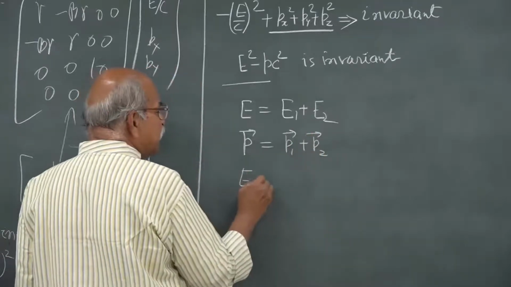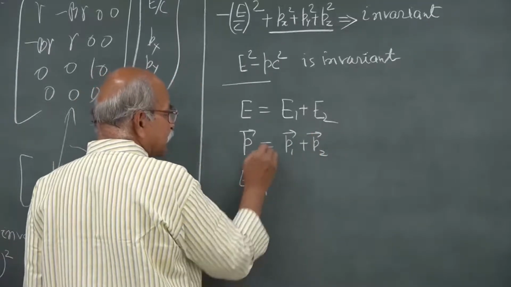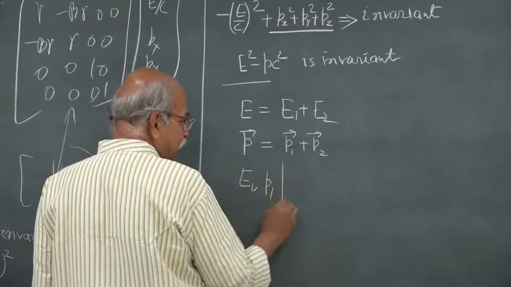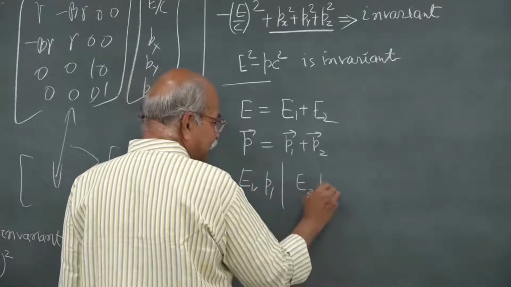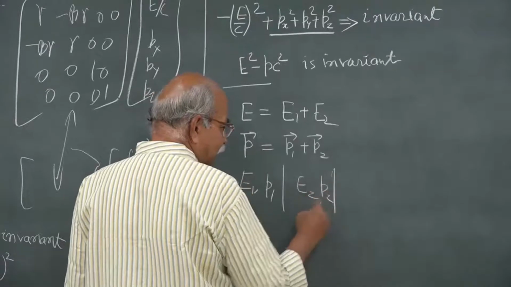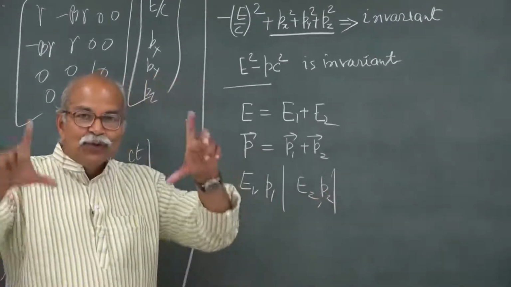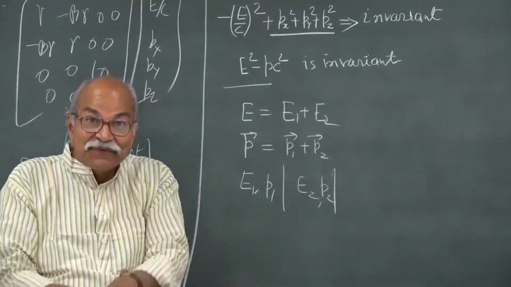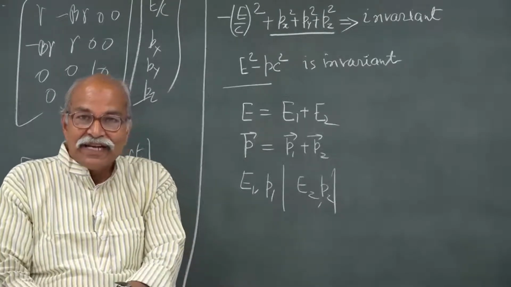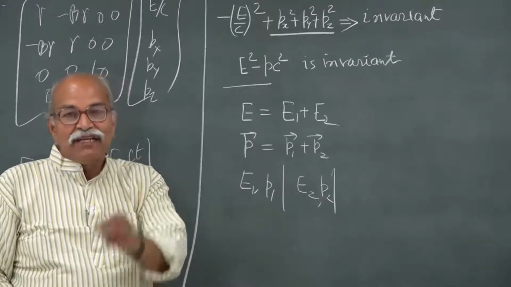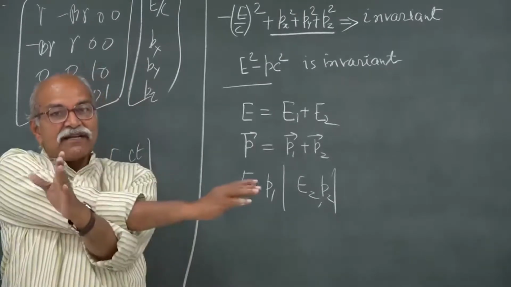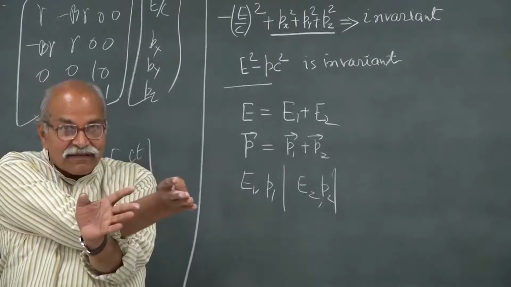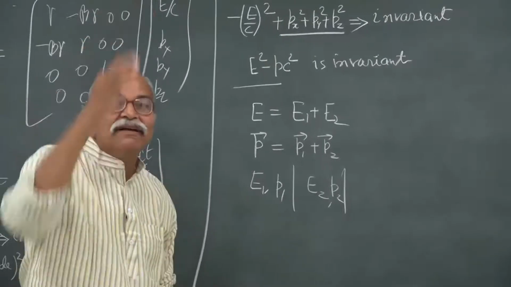And if this E, P is a 4-vector for the first particle, and E2, P2 is a 4-vector for the second particle, then when you add two 4-vectors it remains a 4-vector, right. In our 3-dimensional geometry, if you have a vector and another vector, you add them and you get a third vector.